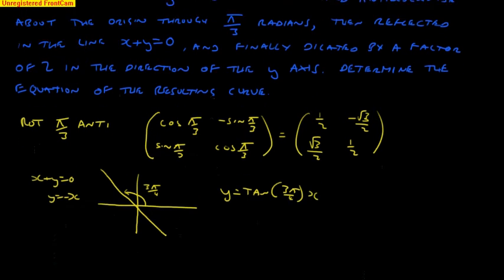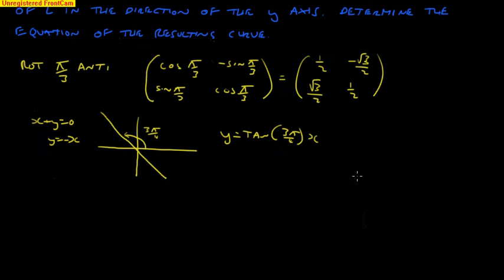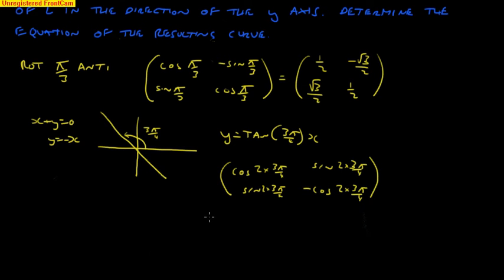So when we come to the reflection matrix, we have cosine of 2 times 3 pi by 4, sine of 2 times 3 pi by 4, sine of 2 times 3 pi by 4, and minus cos of 2 times 3 pi by 4. And 2 times 3 pi by 4 is 3 pi by 2, which is down here.